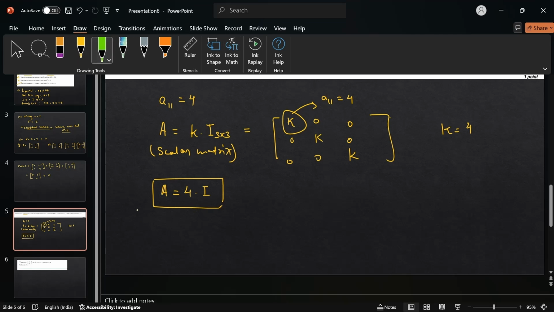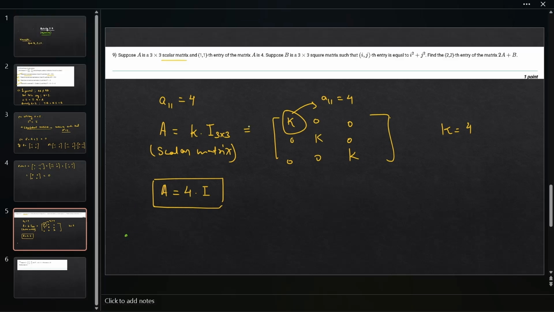So in B we can say Bij is equal to i square plus j square for all the values of i, j being 1, 2, 3. So i is 1, 2, 3 and j is again 1, 2, 3, and we'll do it for all the combinations of i and j. Find the 2-2 entry of the matrix 2A plus B.